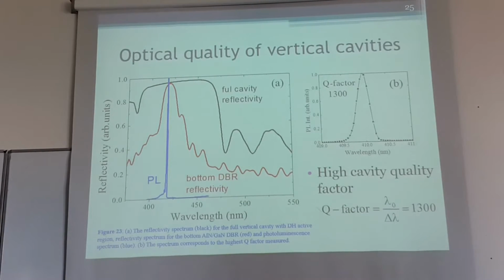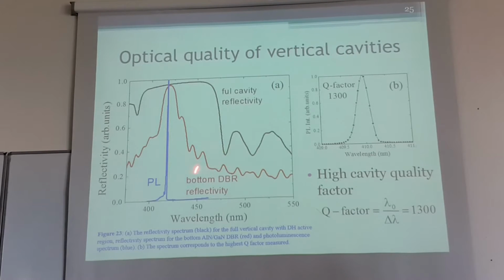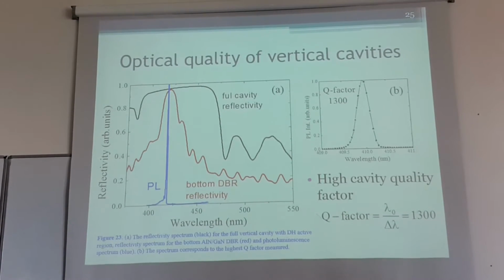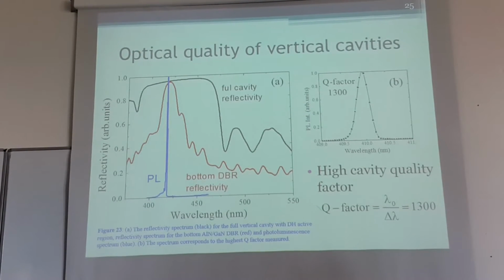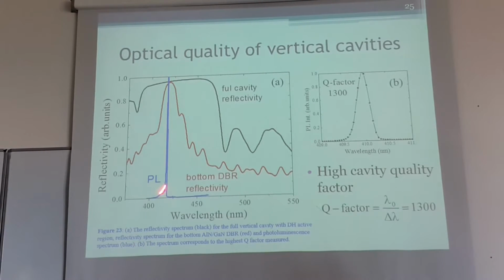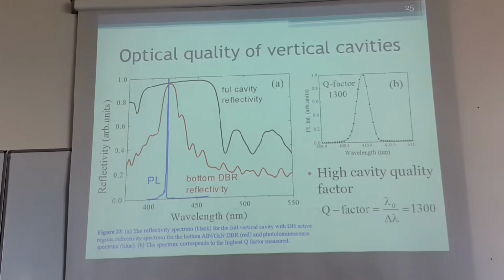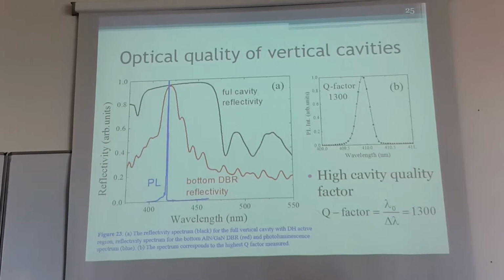Since there is non-uniformity, we can shift this aluminum nitride, gallium nitride DBR, and it is difficult to obtain the cavity conditions. This is the photoluminescence which we obtained from this cavity. It has a high Q factor, 1300, from the cavity structure.